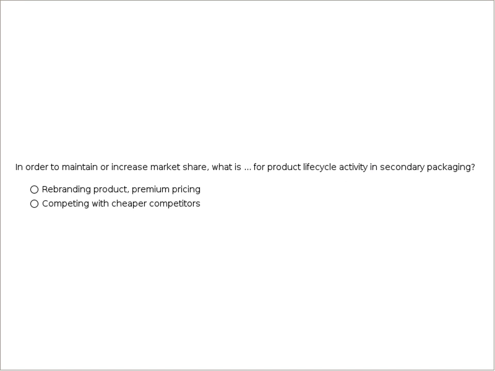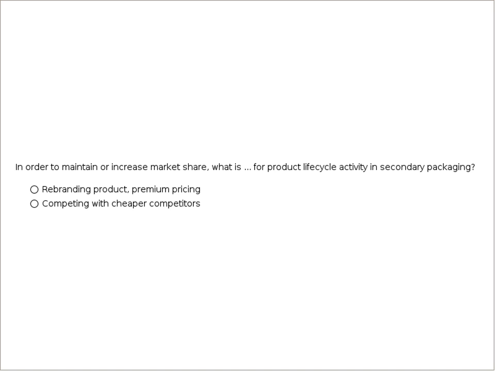Now that we presented some examples about product lifecycle management, it is time for the next question. I would like to understand from you, in order to maintain or increase market share, what is the main reason for product lifecycle activity in secondary packaging at your company? Please mark the option that best fits your company strategy.